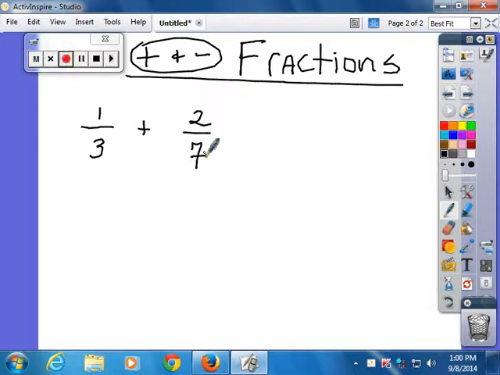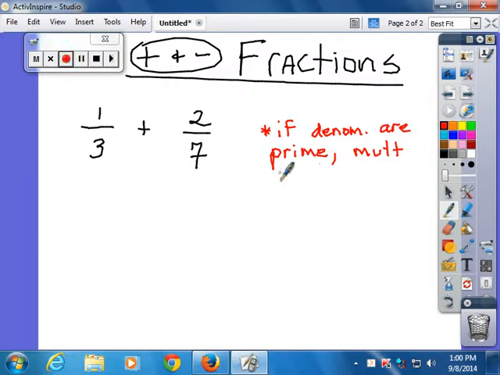If the denominators are prime, let's write that and read it. That means you need to get your highlighters out. If, a little star here, if denominators are prime, multiply together.